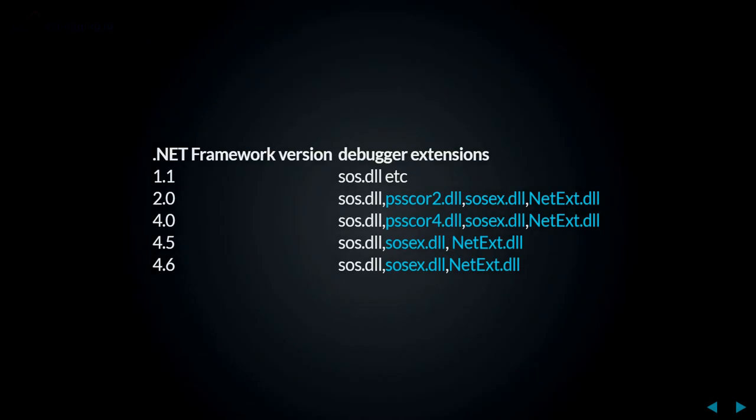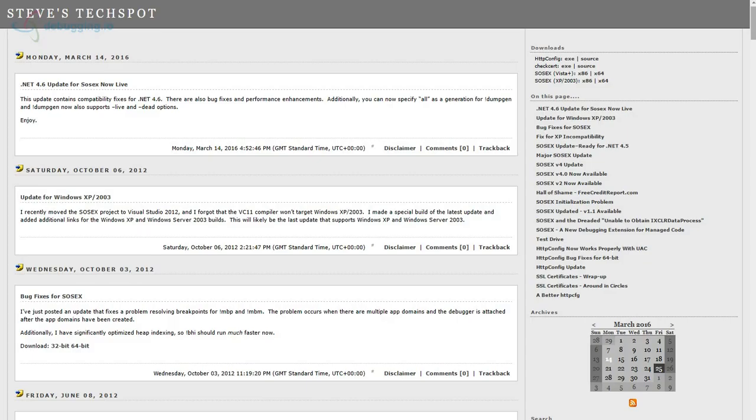We also have SOSEX.dll, which you can download from this website, also provided in the links. One thing to note is that all these DLLs have 64-bit and x86 versions, and to get these DLLs loaded into WinDBG, you need to download the right version and put it in the WinDBG folder.